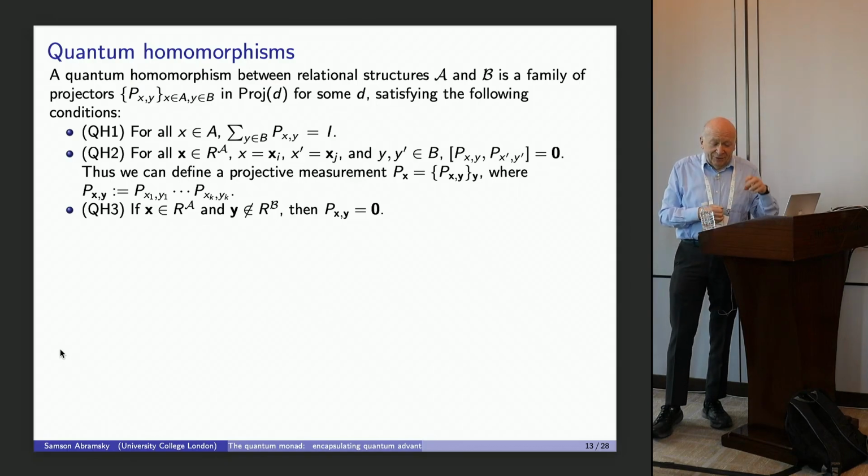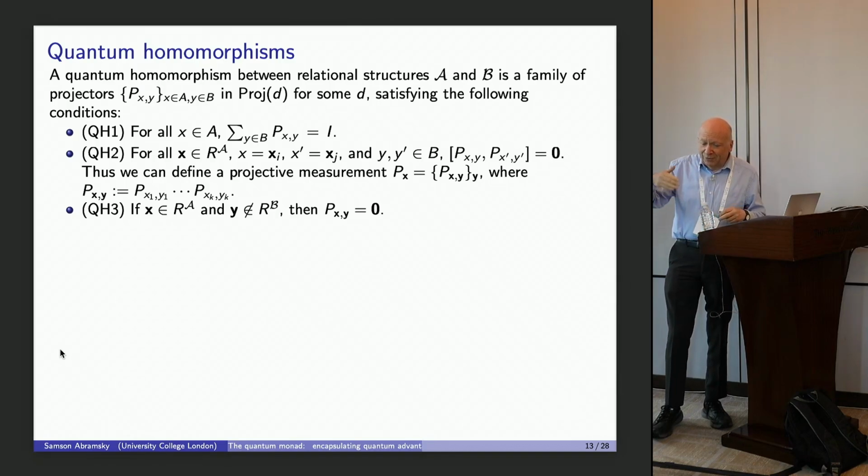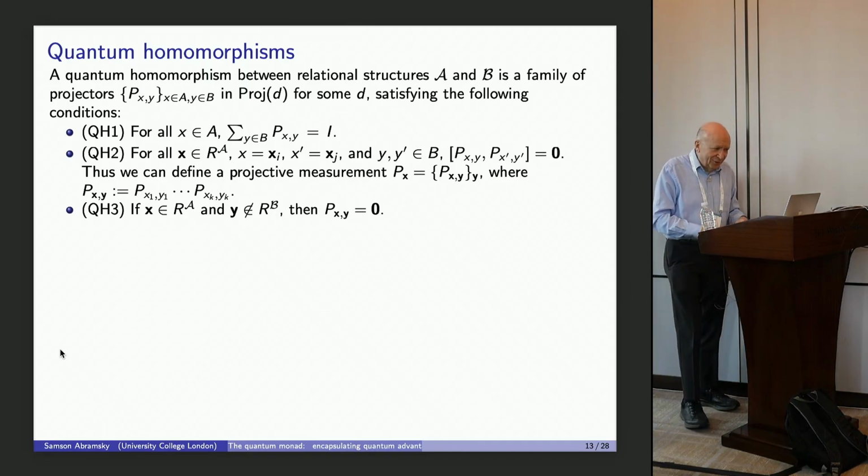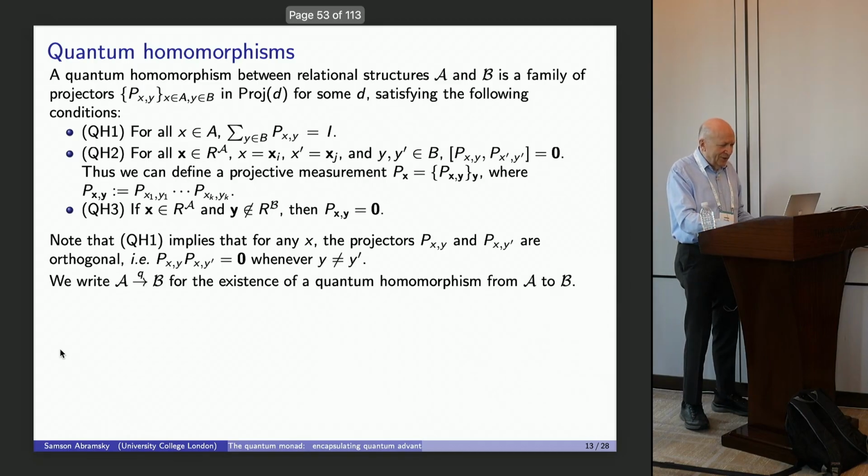So for a given input tuple in a relation, the output tuples that have non-zero projectors associated with them, non-zero quantum possibilities of being produced as output, must themselves be in the relation. So if you take that contrapositively, then we get this condition here.